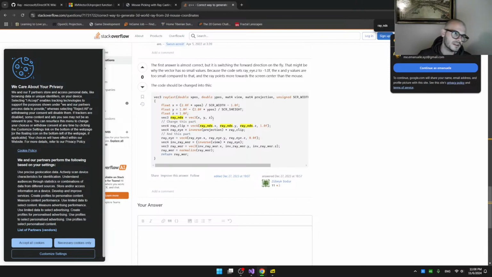But the problem is that the inverse of the projection doesn't... This is clip space, but this is not clip space. This is normalized device coordinates. These are normalized device coordinates.